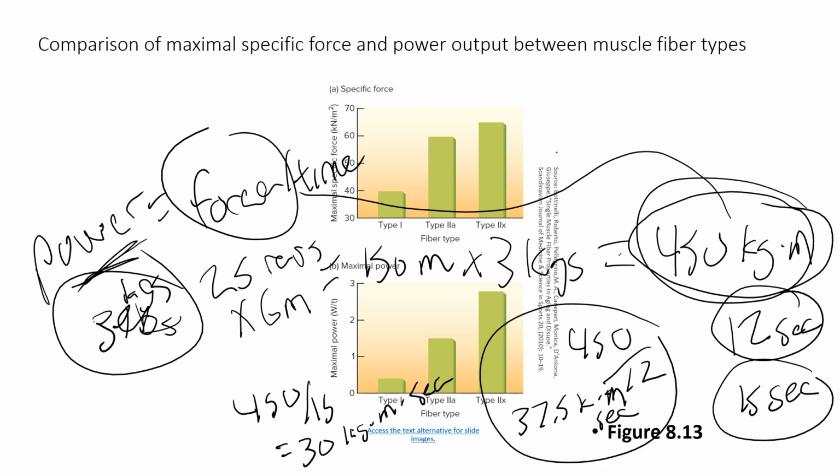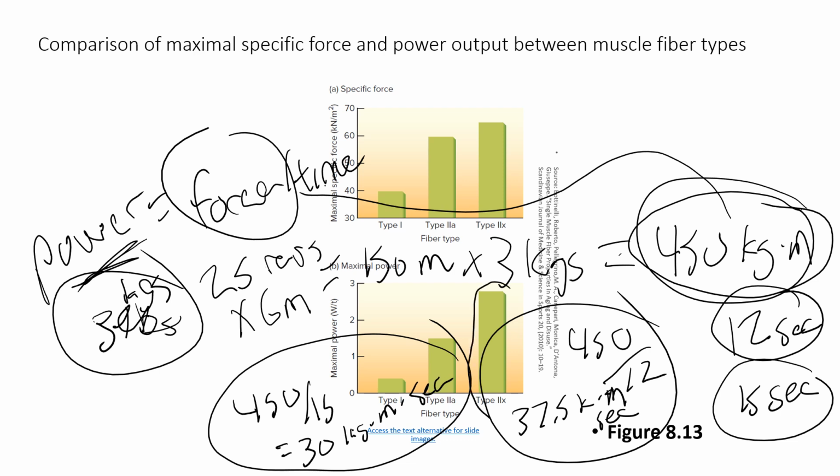You are, right? You are the one with mostly type IIx fibers, and your clone has mostly type IIa fibers. You were able to produce more force over time than your clone was. You produced 37.5 kilogram meters a second, while your clone produced 30 kilogram meters per second. That is what this is depicting.